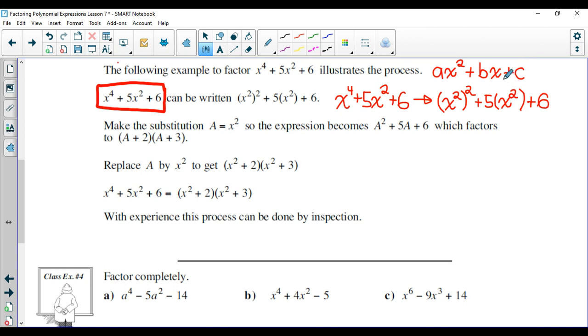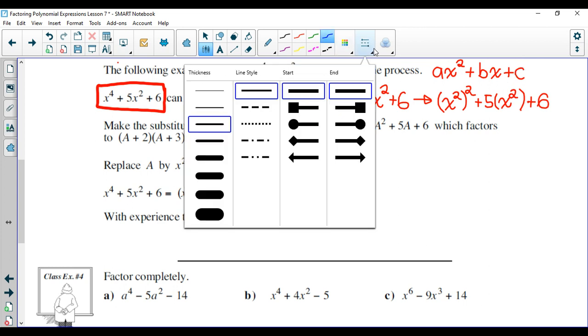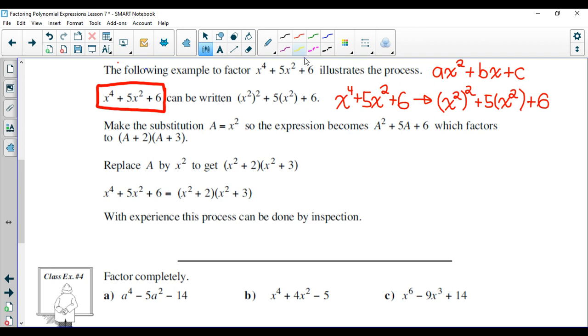Now, to do this, we're going to have to make something called a substitution. Here's how this works. For these monomials in brackets, like x squared and x squared here, I'm going to pick a different variable to represent that value of x squared. So we'll say let capital A equal x squared.